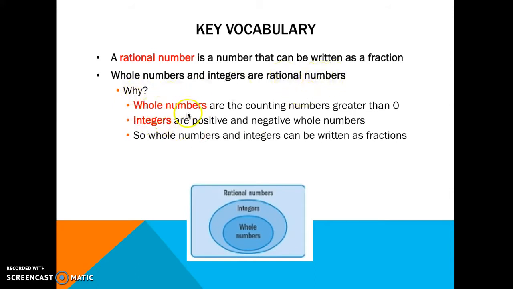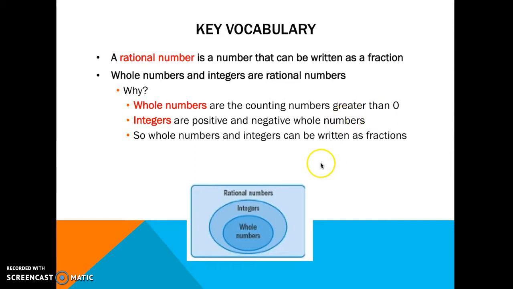Remember that a whole number is counting numbers greater than 0. So 1, 2, 3, 4, 5, 6, going all the way to infinity. So they're going to be counting numbers greater than 0 and not including 0. Integers are similar to whole numbers, except they also include negative whole numbers. So it can be -1, -2, -3, so on and so forth. So whole numbers and integers can be written as fractions.